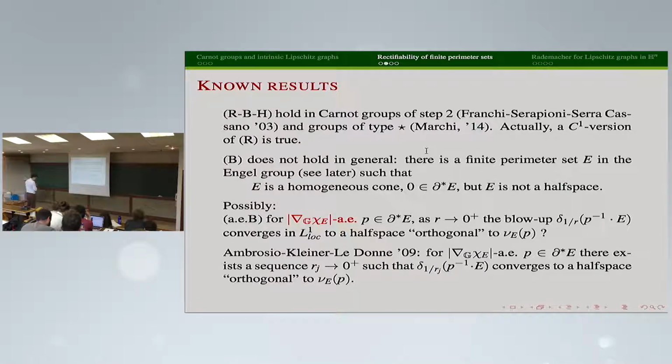The only general result, even though only partial, I am aware of, is due to Ambrosio, Bruce Kleiner, and Enrico Ledonne a few years ago. They proved that at almost every point of the reduced boundary, there is a sequence of scales according to which the corresponding blow-up converges to a half space orthogonal to the normal.